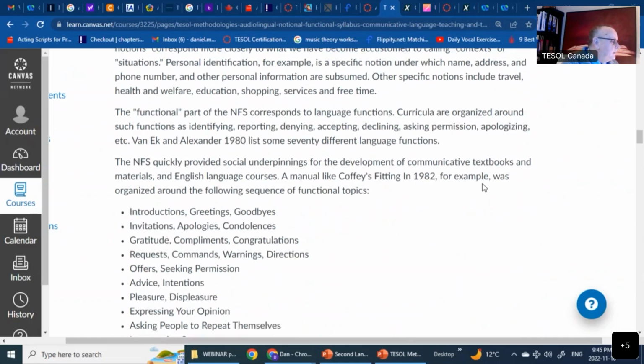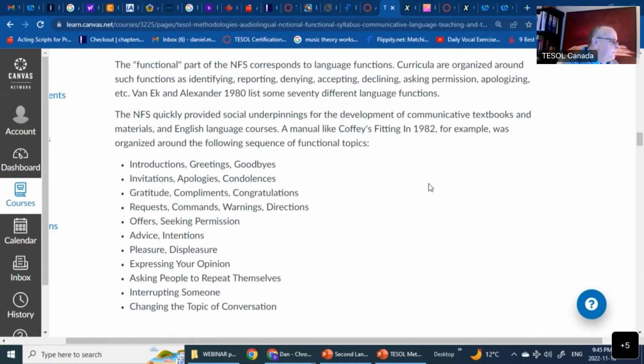The NFS quickly provided social underpinnings for the development of communicative textbooks and materials and English language courses. A manual like Coffey's Fitting In in 1982, for example, was organized around the following sequence of functional topics: introductions, greetings, and goodbyes, invitations, apologies, and condolences, gratitude, compliments, congratulations, requests, commands, warnings, directions.